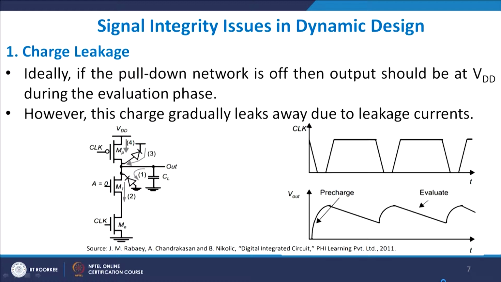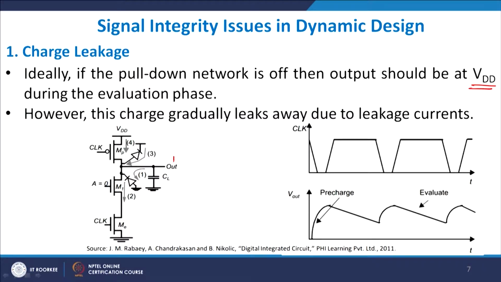In dynamic logic, you do have a problem of charge leakage, and that is very important. Ideally, as I discussed with you, your pull down network is off when the output is at VDD, since your clock is at low voltage and so this is cut off.